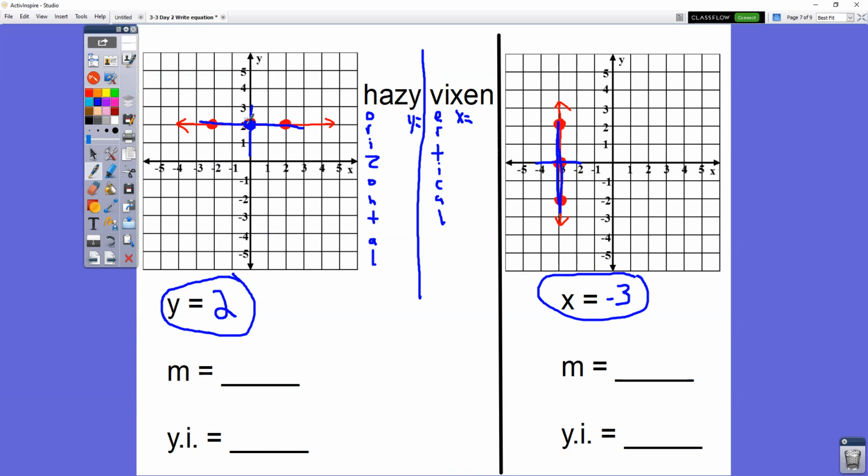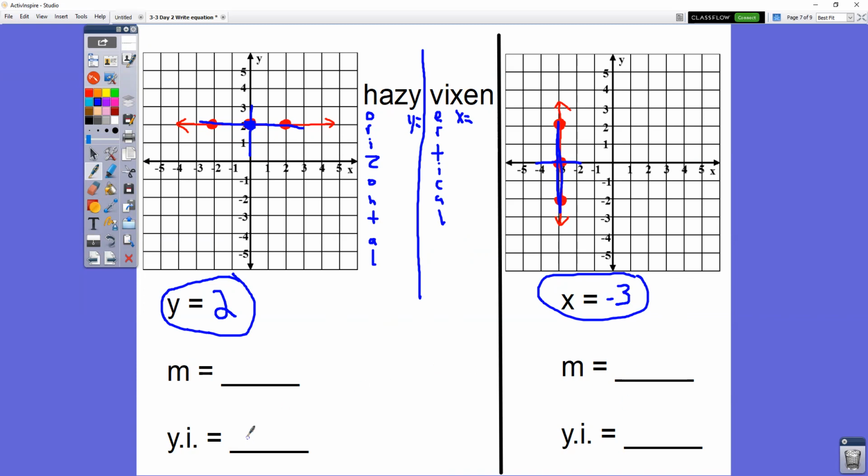Now, when you actually look at the points on that line, we have -2, 2, 0, 2, and 2, 2. All of our y values are 2. When we look at these 3 points, we have -3, 2, -3, 0, and -3, -2. All of our x values are -3.